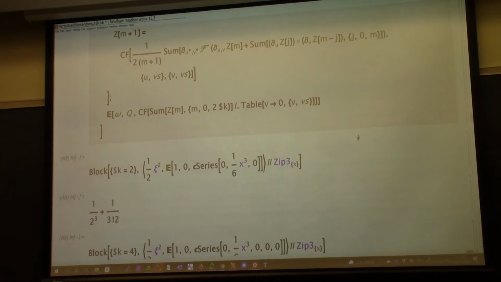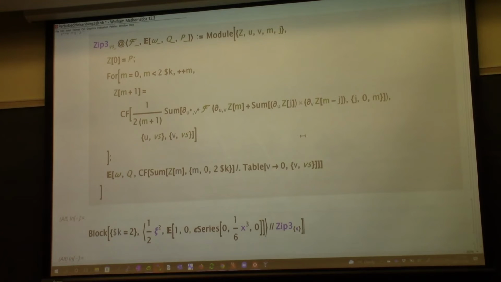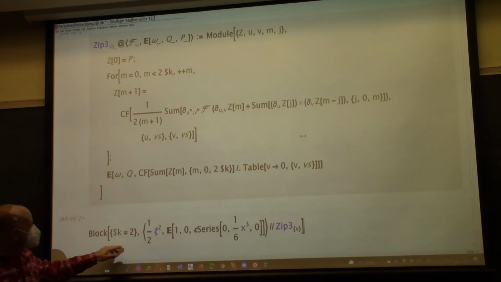So here is an example. It's actually a lovely example, so I want to spend some time on it. Let's try to understand what's written here.